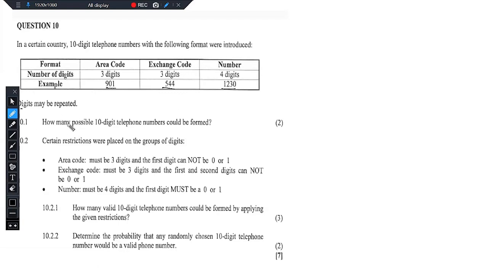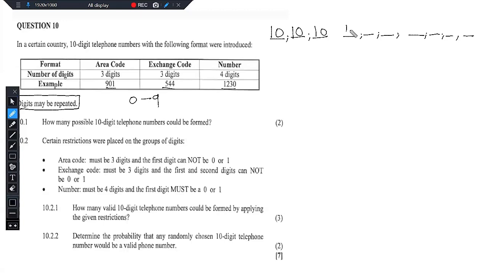Then 10.1 says how many possible 10-digit telephone numbers could be formed. But they told us that the digits may be repeated. So the area code must have 3 digits, followed by the exchange code also with 3 digits, then the number must have 4 digits. Digits may be repeated, which means we can choose from 10 digits, remember, from 0 to 9, and also here we can choose from 10.